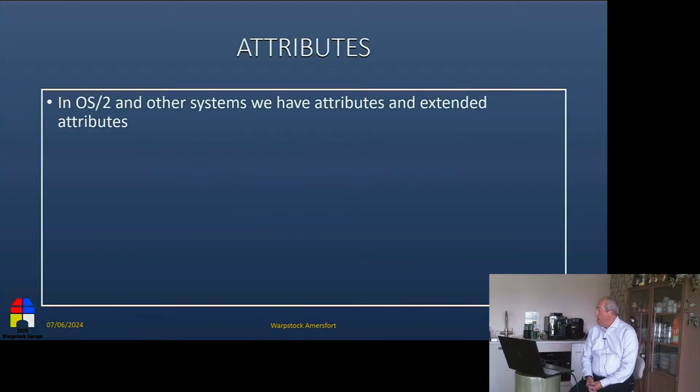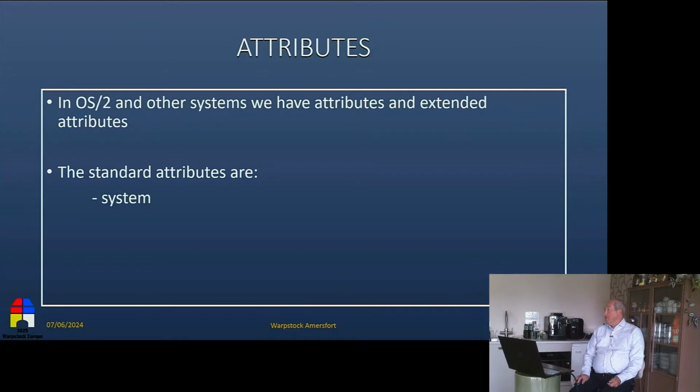As we know, OS2 and some other systems have extended attributes. Your standard attributes for files in OS2 and some other systems are the system, read-only, archive, and hidden bits.